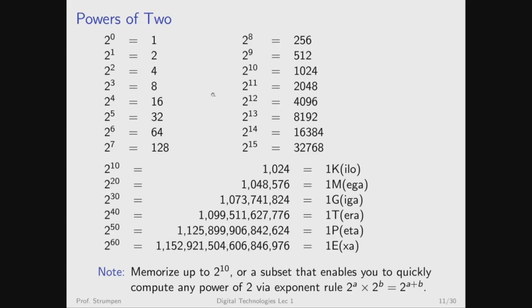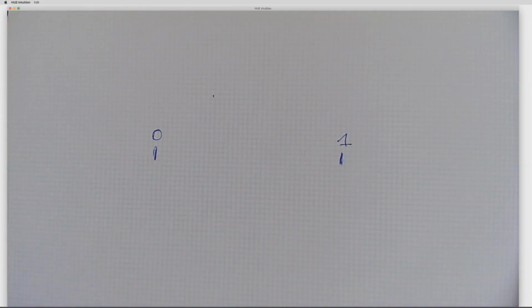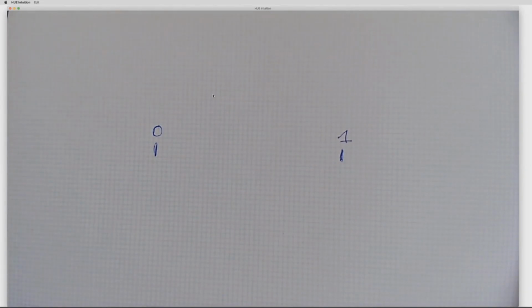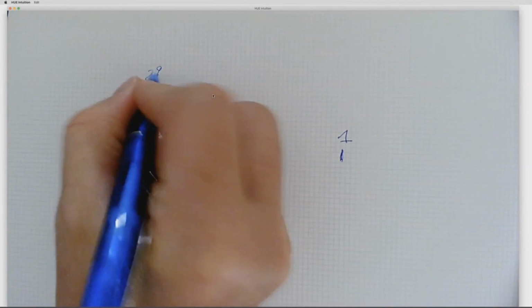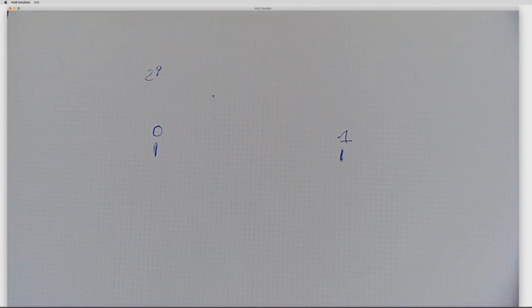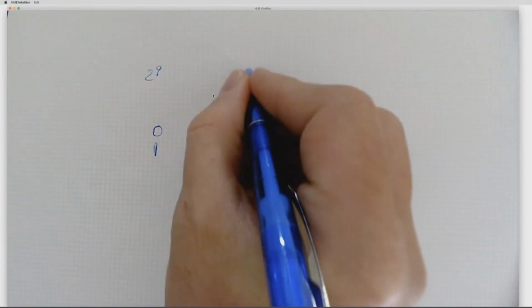Okay? So let me show you how that might work. Right? If you should tell me what 2 to the 9 is, but I don't remember, right? You may want to remember a few of those powers of 2, like 2 to the 10.